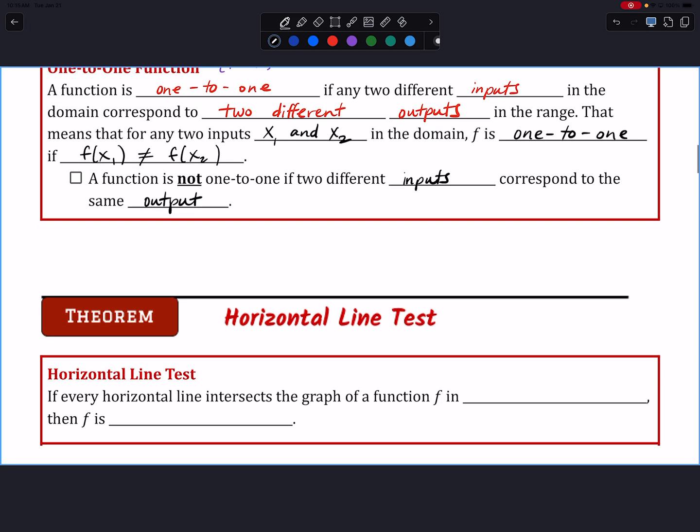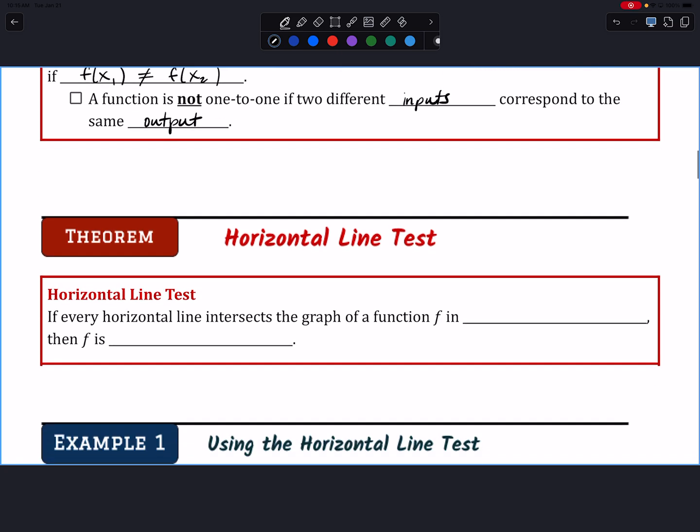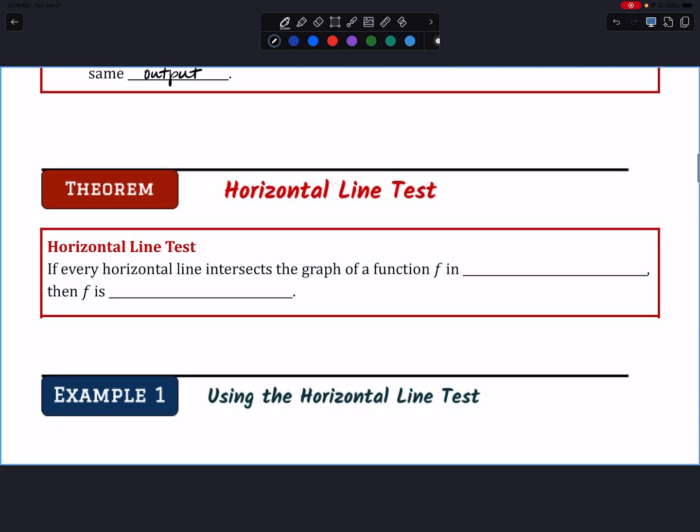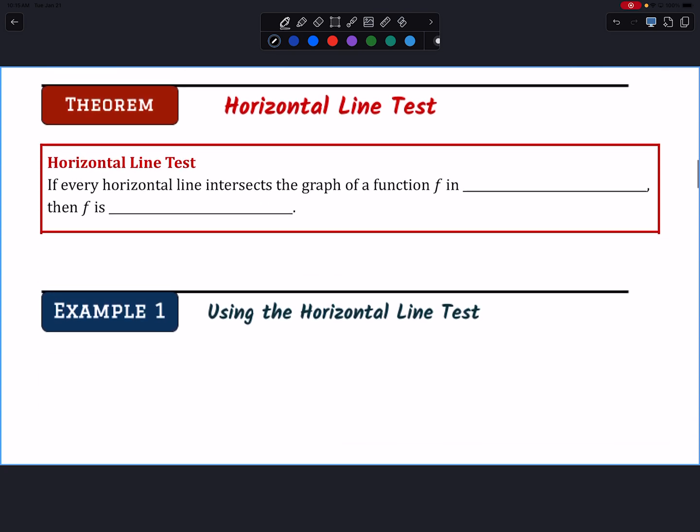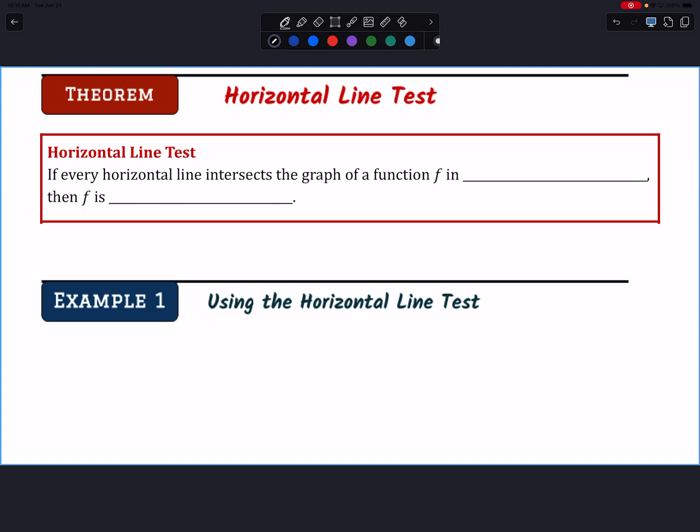Horizontal line test, if you guys want to ever abbreviate it, I'm okay if you abbreviate it as capital HLT. Why? Because we're lazy. That's okay. Horizontal line test: if every horizontal line intersects the graph of a function f in at most, highlight or underline that, at most one point, then we say that f is one-to-one.